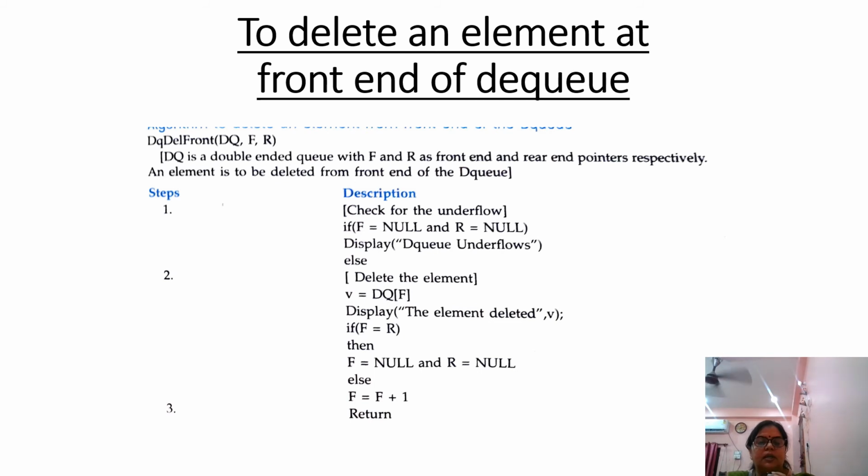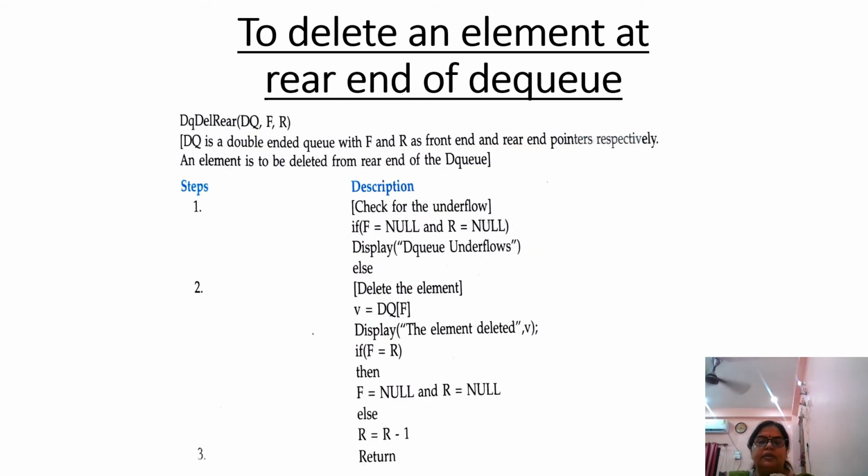If F is equal to R, then F is equal to null, R is equal to null, else F is front end plus 1. We have to make it plus 1 for deletion of the element.